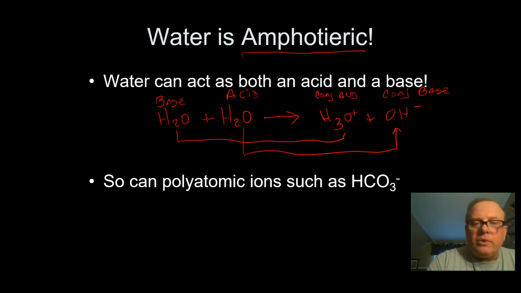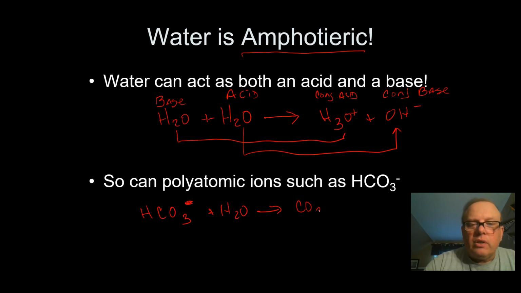Something else like this. If we take hydrogen carbonate with a -1 charge. So here's hydrogen carbonate, HCO3 minus. If we add this to water, H2O, we're now going to get CO3 2 minus and H3O plus.